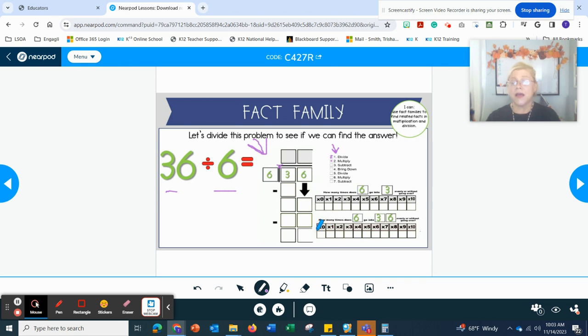You're like, wait, I don't know this, Miss Smith. It's okay. We're working through this as a group. So we start by multiplying each number.